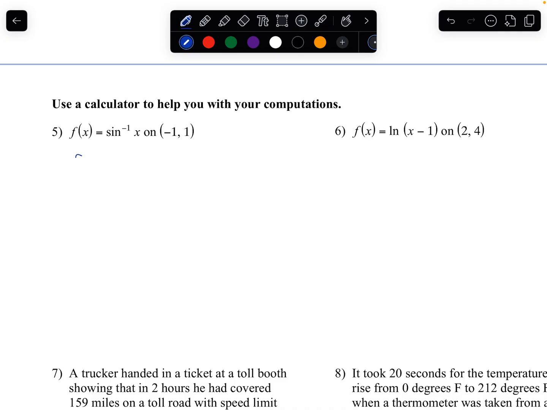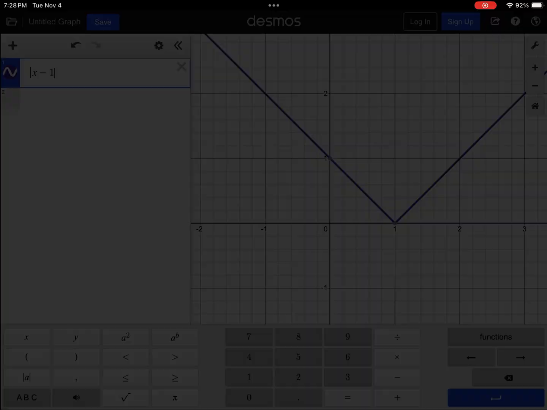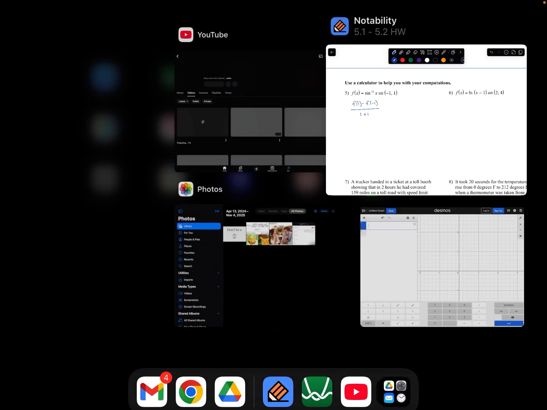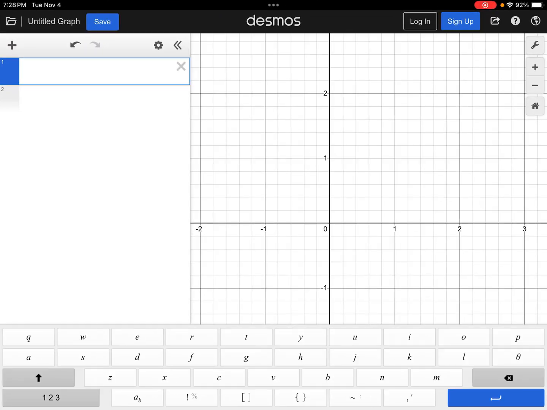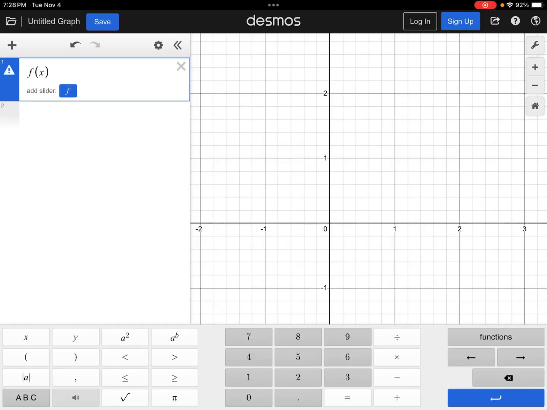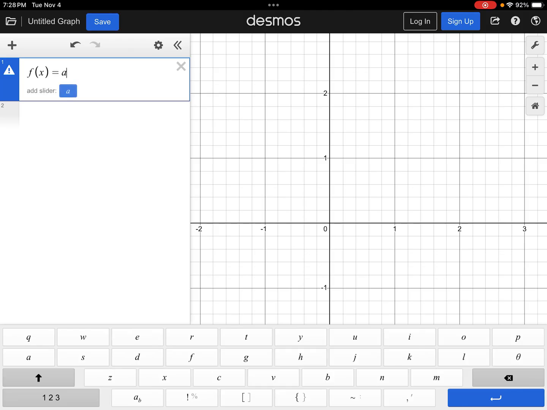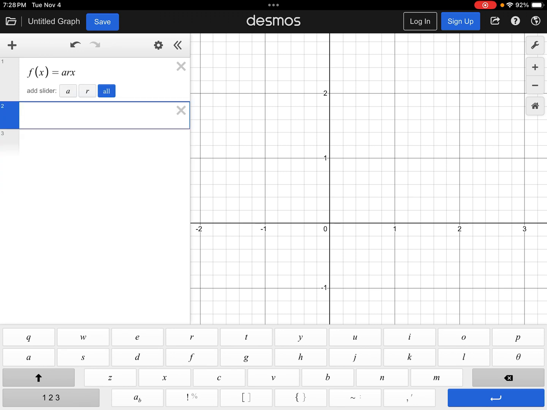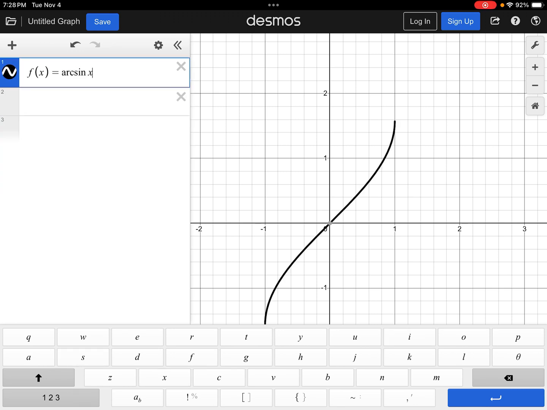So we want f of 1 minus f of -1 over 1 plus 1. So here's what I'm going to do. If we're using a calculator, I'm going to use Desmos. And so we're using sine inverse. I'm going to go in here. I'm going to type in f of x is equal to arc sine of x.